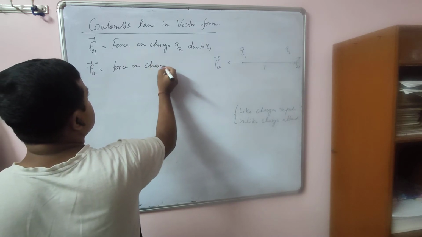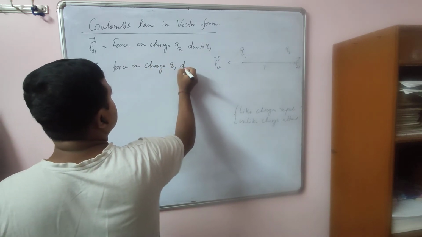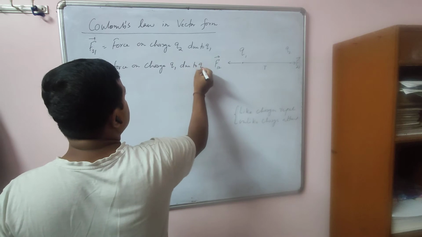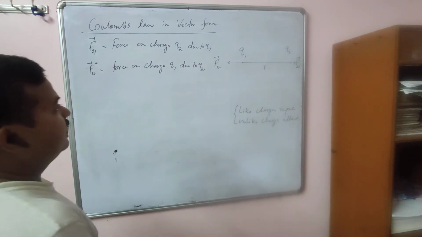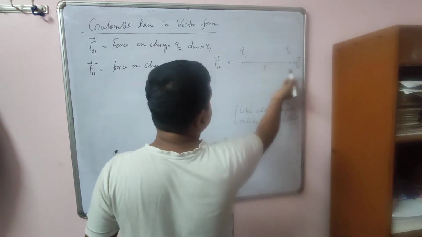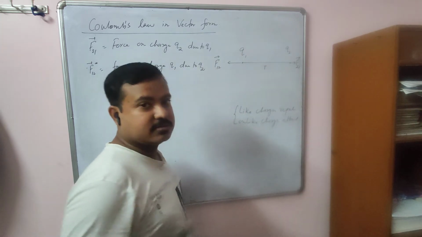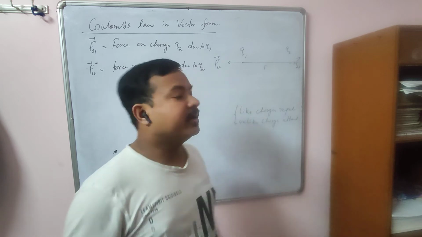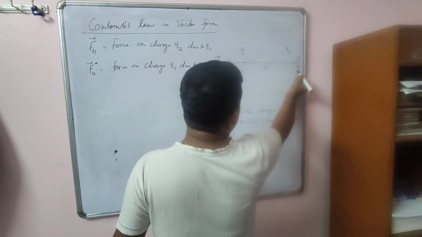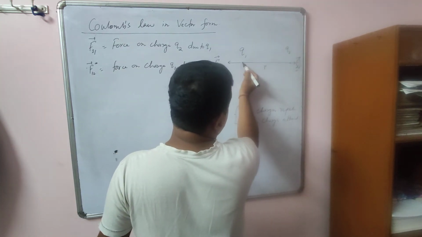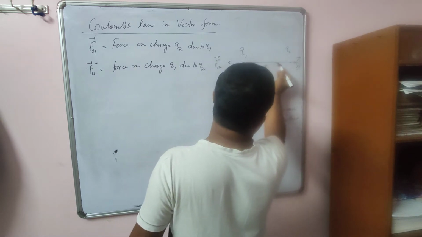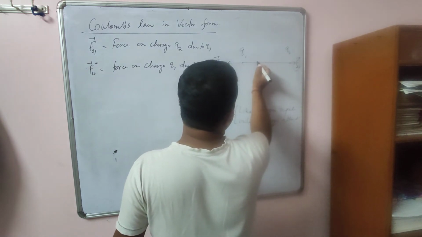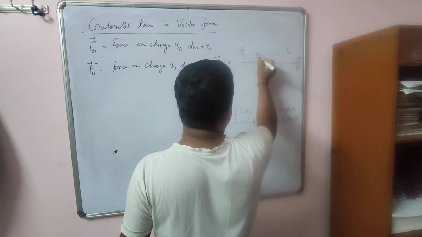To represent the directions we use unit vectors, whose magnitude is 1 and which only give direction. The direction of F21 is along the line joining Q1 to Q2.